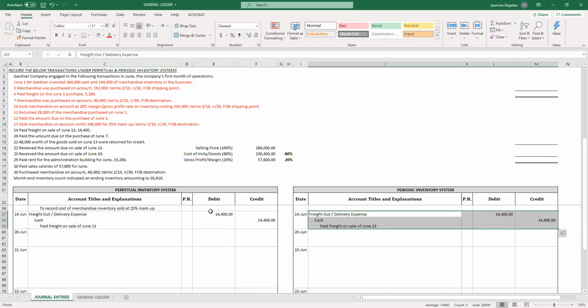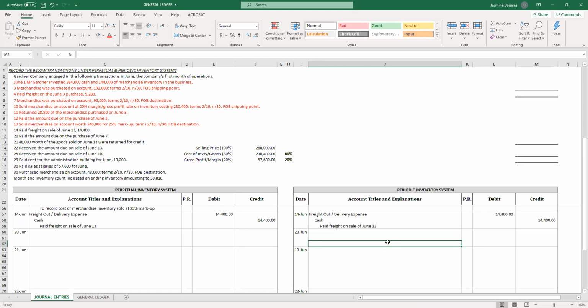So, you will pay the delivery expense, so you will recognize delivery expense amounting to 14,400. If you are the buyer, under perpetual, pag bumili ka, debit merchandise inventory, credit cash. If under periodic, you are the buyer, debit freight in, credit cash. And freight in, it will be added to your purchases later on for computation of cost of goods sold and ending inventory.